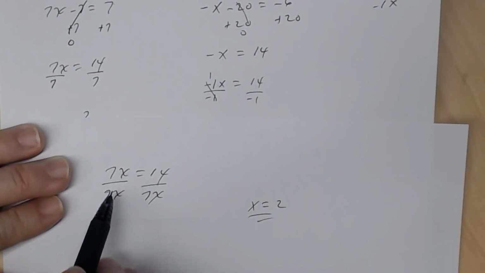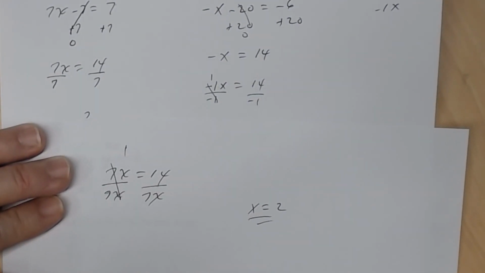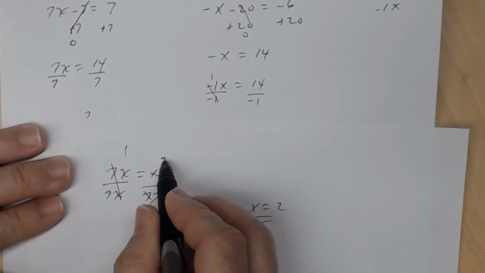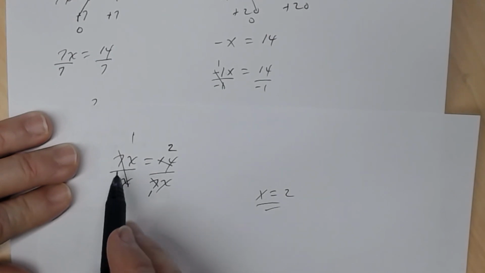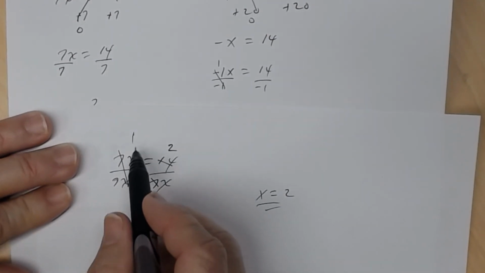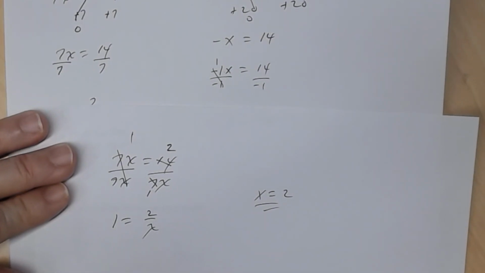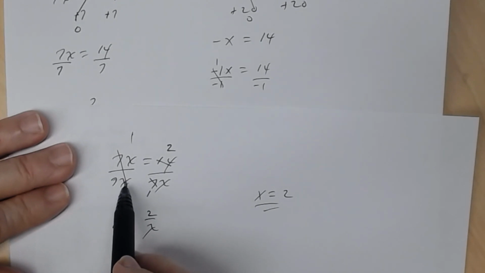This says that 7x divided by 7x is 1, and this says 7 divided by 7 is 1, 7 divided into 14 is 2, and basically what you just wrote, when you do this, was 1 equals 2 over x. That's what you just did. So be careful. You never divide by the variable.